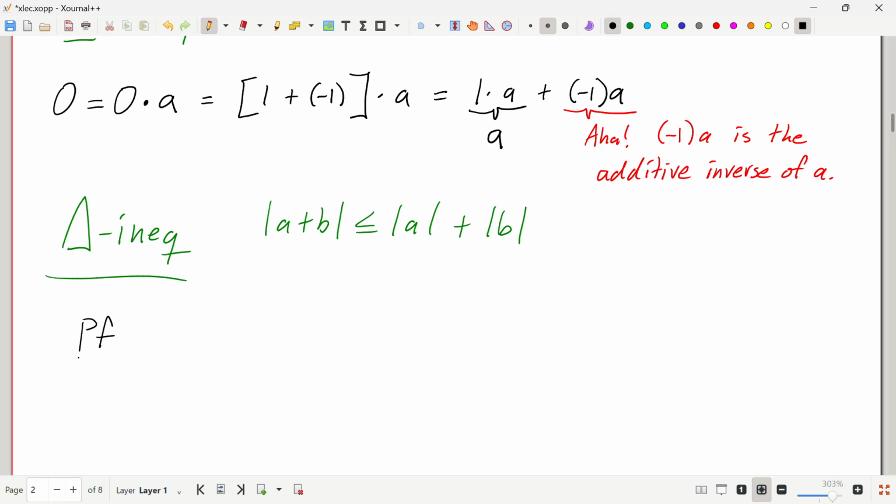I can do kind of a sneaky little quick proof. Let's see. That number 3 above told us that minus absolute a is less than or equal to a is less than or equal to plus absolute a. That follows from number 3 above.